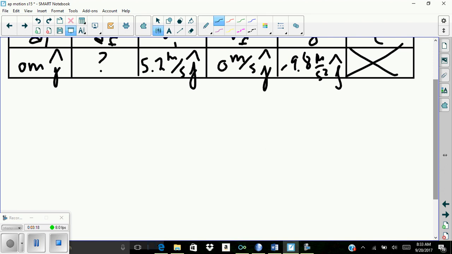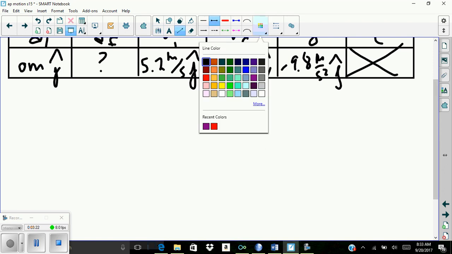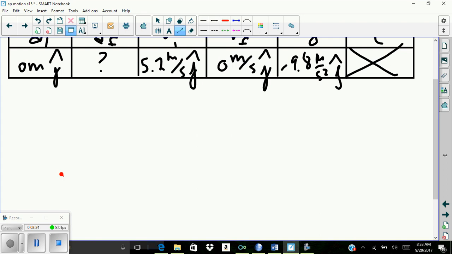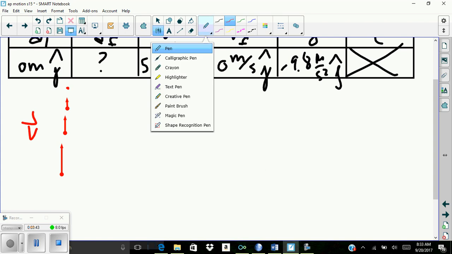So now, what does my motion diagram look like? The first thing I'm going to do is draw my velocity vectors. It's tossed up at some initial velocity, and then it goes smaller and smaller until it stops. So I'm going to get a red dot at the top. That's my velocity. Next, I need my acceleration.